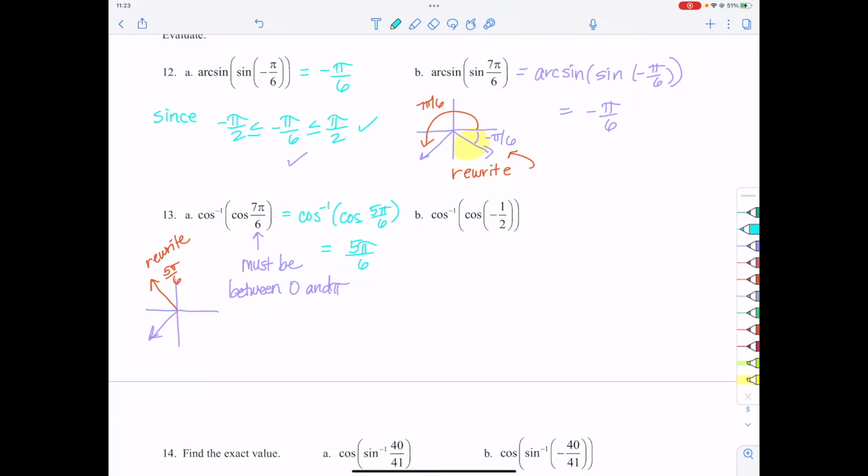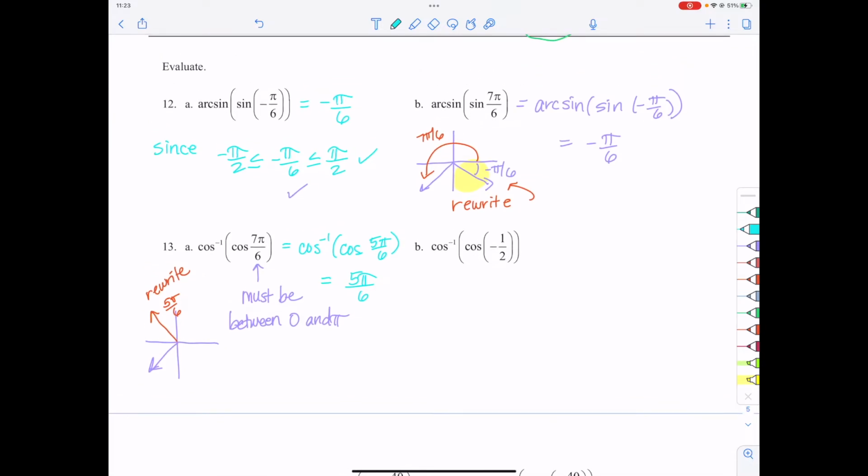Now, let's go ahead. All of these started with the inverse function composed with the regular function. And what do you notice about negative 1/2? Let's go ahead and write this. This is equal to, so if we have negative 1/2 as our angle, we will need to rewrite that, and we can have positive 1/2 because the cosine will be the same in quadrant 1 and quadrant 4.